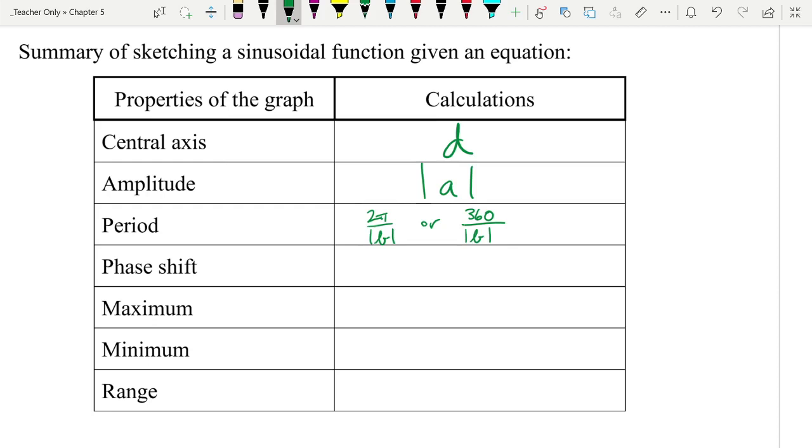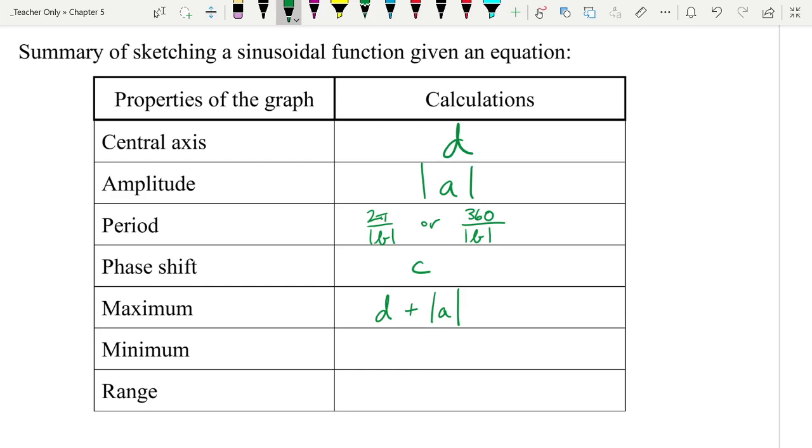Phase shift is C. Maximum is my D plus A. And of course, I just showed you to figure out horizontally where your maximum is. Just take the horizontal C value and your nodal point and just add them and divide by 2.